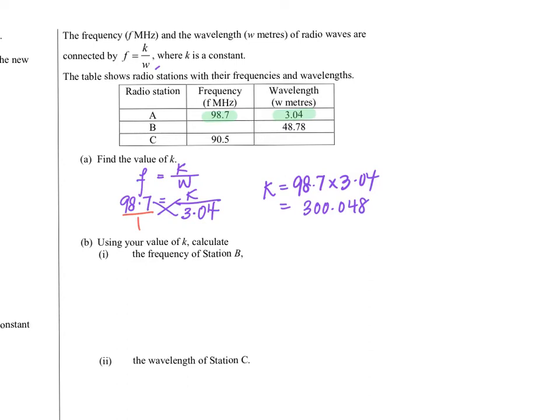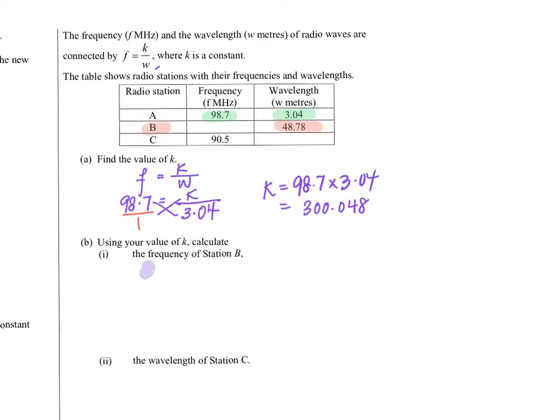So using this value of k, calculate the frequency for station B. Now station B is over here. I have the wavelength to be 48.78.